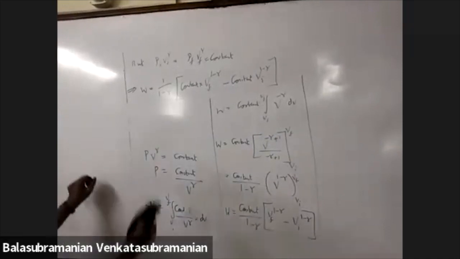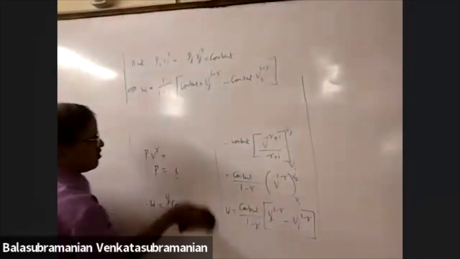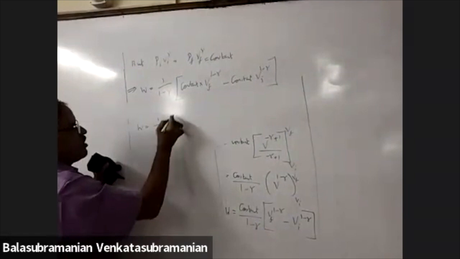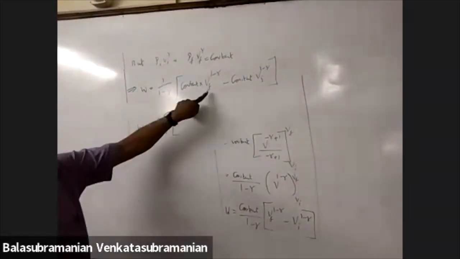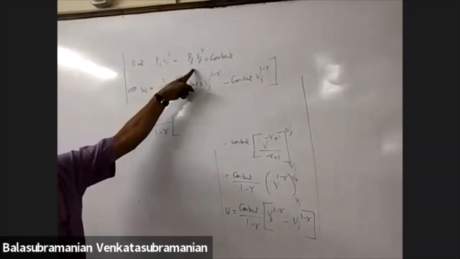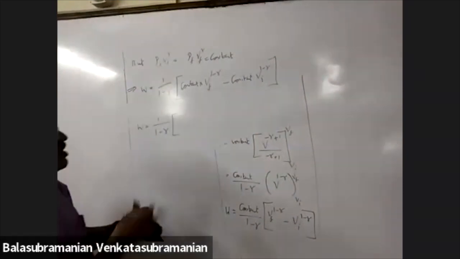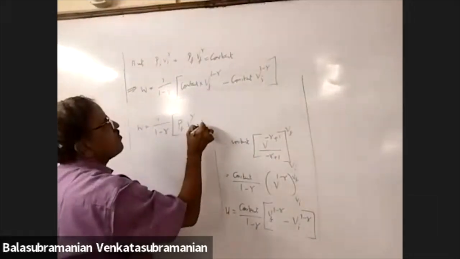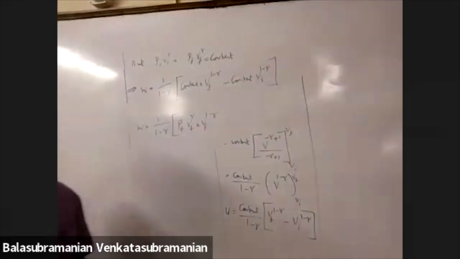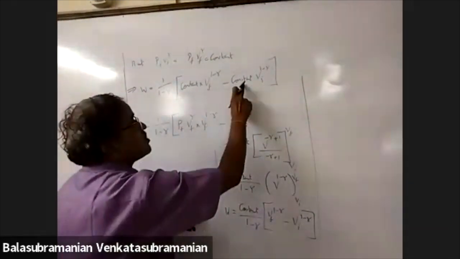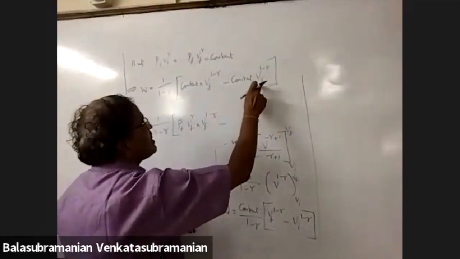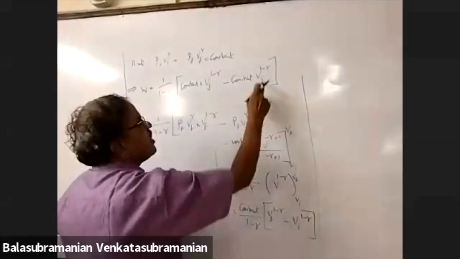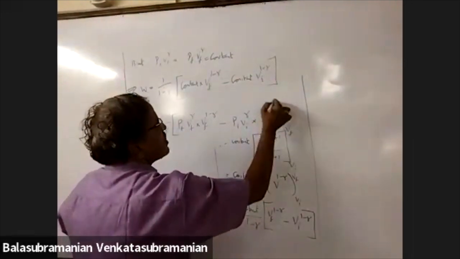Substitute. W is equal to 1 by 1 minus gamma. This is final. So I have to take Pf Vf power gamma into Vf power 1 minus gamma, minus the constant Pi, Pi means initial, Pi Vi power gamma into Vi power 1 minus gamma.